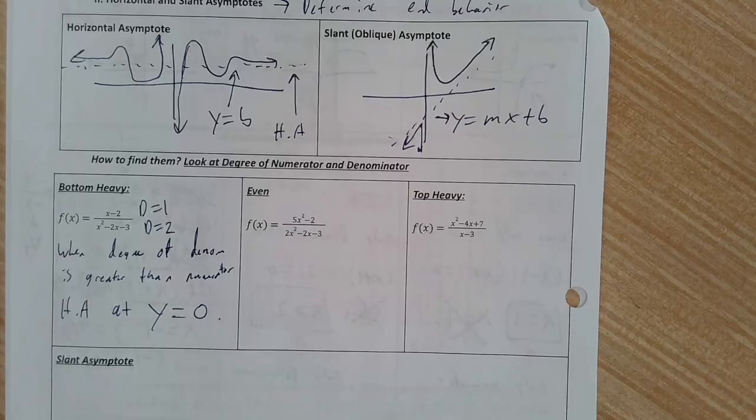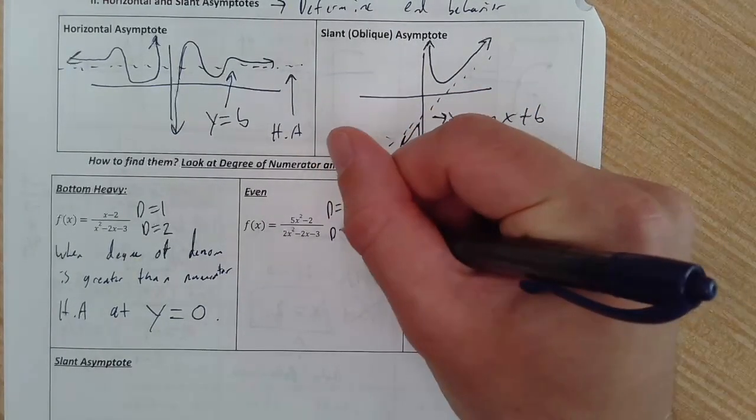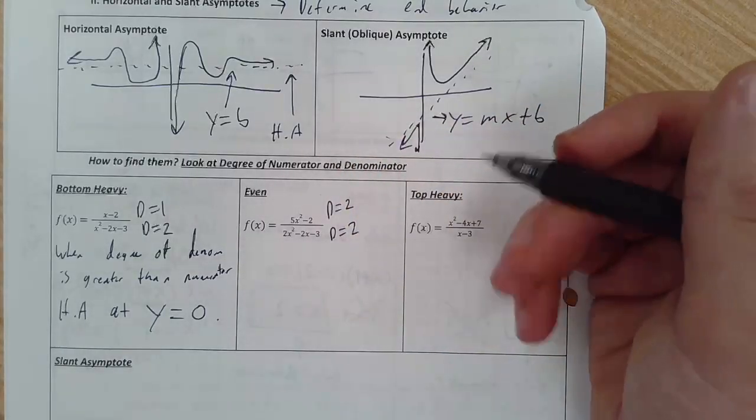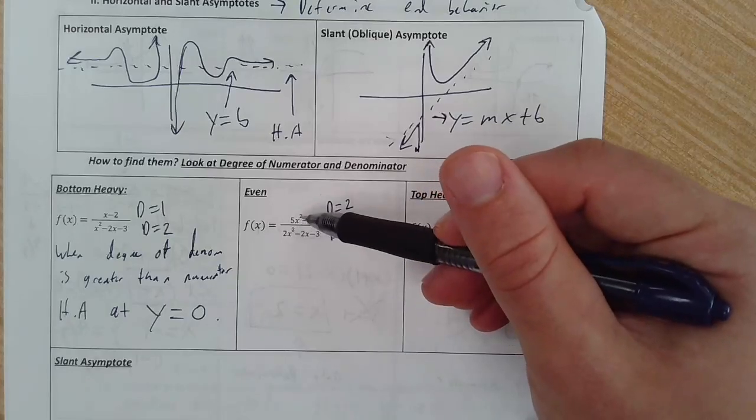In our second case, we have an even situation. So the degree of the numerator is 2. The degree of the denominator is also 2. It's like a tie, they're growing at the same pace.